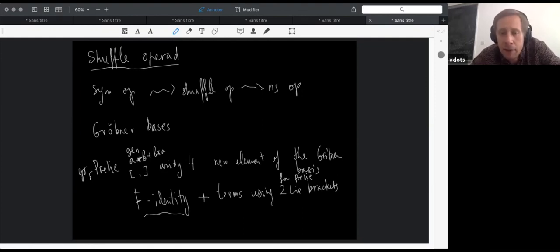This means that in the associated graded of PreLie, the F identity is satisfied, because in the associated graded we look at each level of filtration modulo the deeper levels of filtration. In the F identity, all terms have one Lie bracket, and here there are terms that have two Lie brackets. So in the associated graded, this will disappear, and the F identity holds.